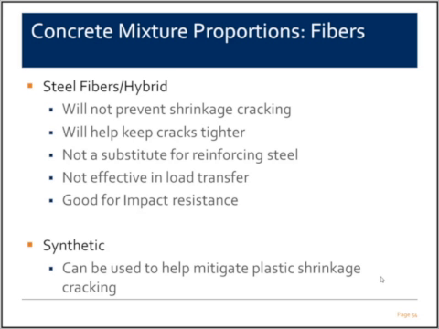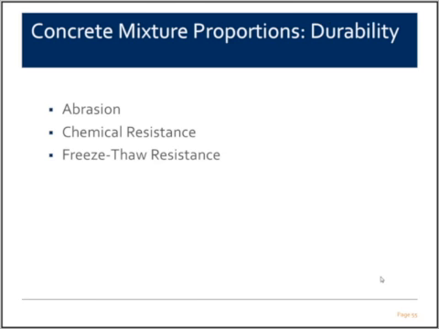It may help keep cracks tighter, and may help prevent some plastic shrinkage cracking as well. Other durability concerns that may be considered: abrasion, chemical resistance, and freeze-thaw. Each one of those has a specific consideration in terms of your mixture proportions.